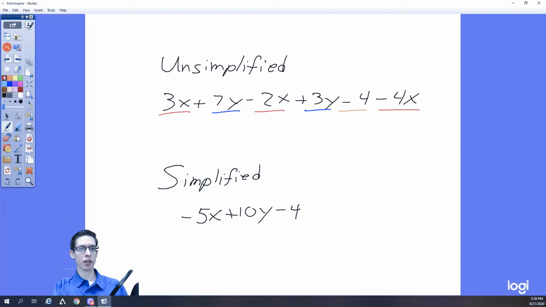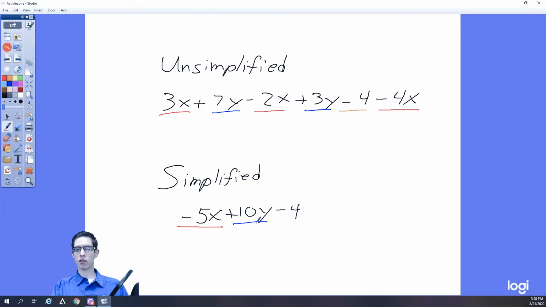3 minus 2 minus 4 gives me this negative 5 down below. So let me grab my red. This negative 5 corresponds to the 3x, negative 2x, and negative 4x I started with up above. You'll notice also that I've got the blue positive 7y and the positive 3y. When I added those together, we got a positive 10y, right? 7 plus 3. They have the same sign, so we add the values together, we get that 10y.